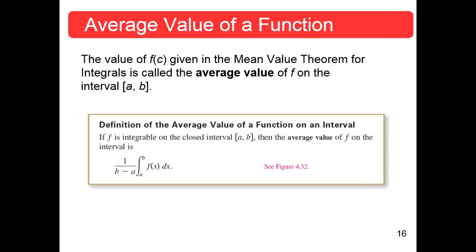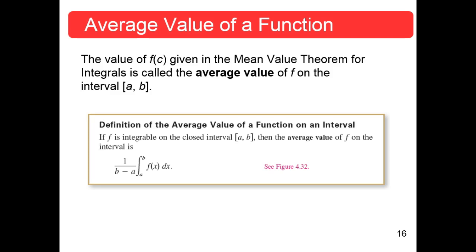So here's the definition for the average value of a function on an interval. If f is integrable, no gaps or infinities anywhere in there, on the closed interval from a to b, then the average value of f on that interval is this: 1 over b minus a, that was the length of the interval, the length of that rectangle, times the integral. The height of the rectangle is your f of c.